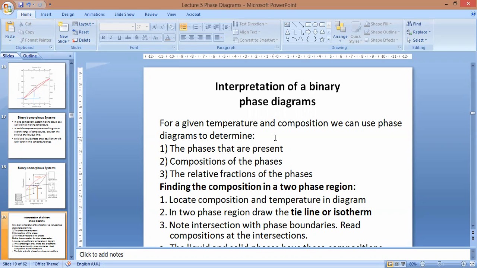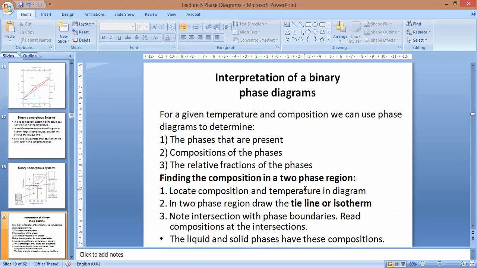We're also able to tell the composition of the phases, as well as the relative fractions of the phases. From the weight percent, you're able to tell that if nickel is 40%, it means that copper is 60 in the case of the binary system. Also looking at binary, finding the composition in the two phase regions, you locate the composition and temperature.